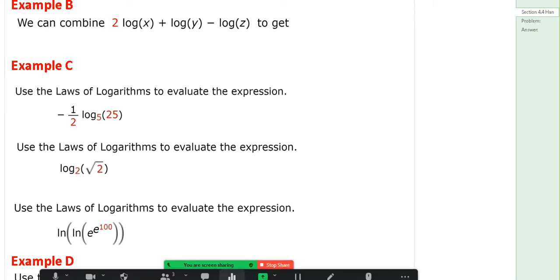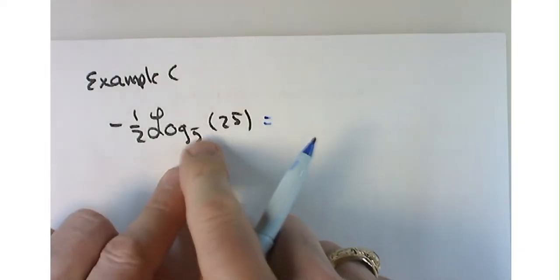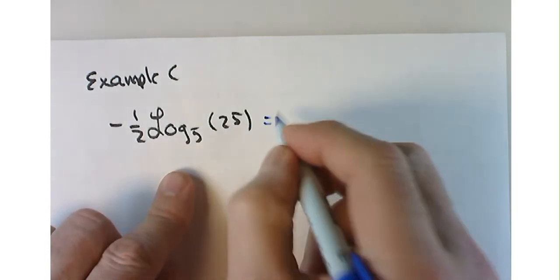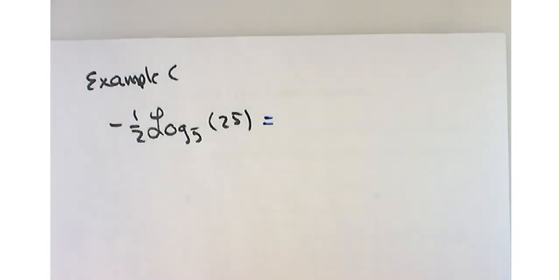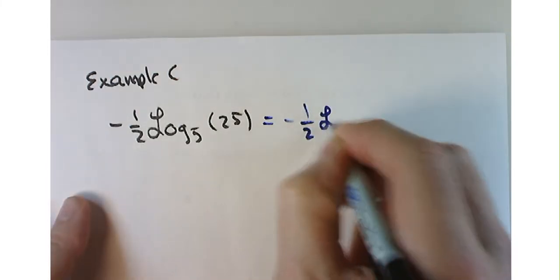I believe the authors of this problem really want you to notice this. You've got a 5 here and a 25 here. It might be a good idea to write that not as 25, but as 5 to the second power.